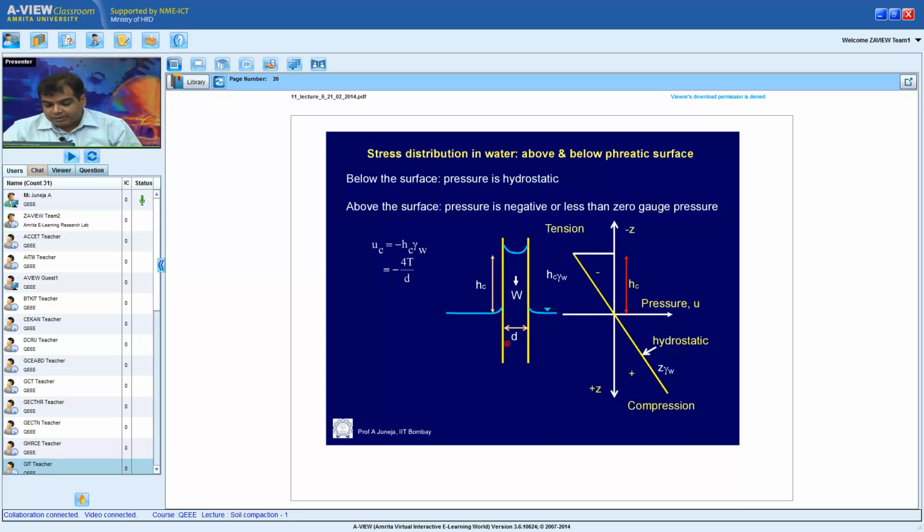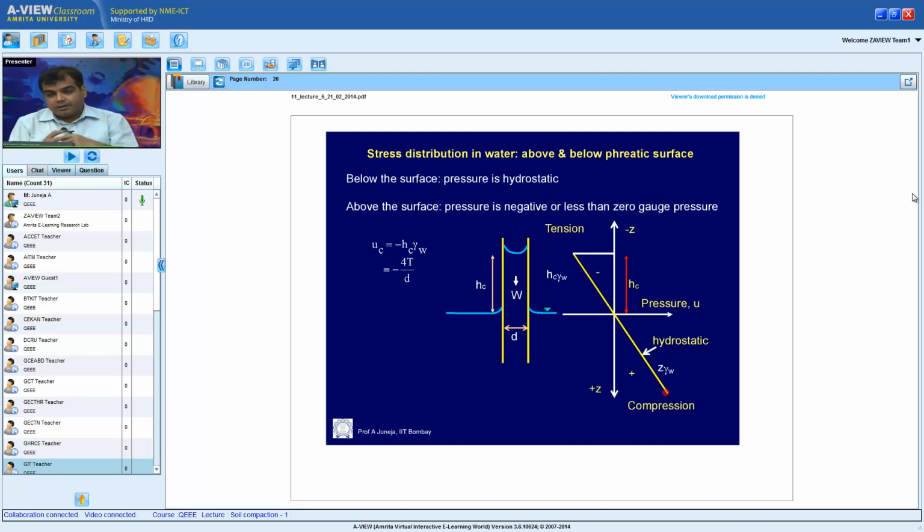Remember, the first slide of today showed that below the water table, the pore water pressure increases linearly. We said it was unit weight of water times Z. So that was a linear increase with Z. Pore water pressure increases, and this is positive.